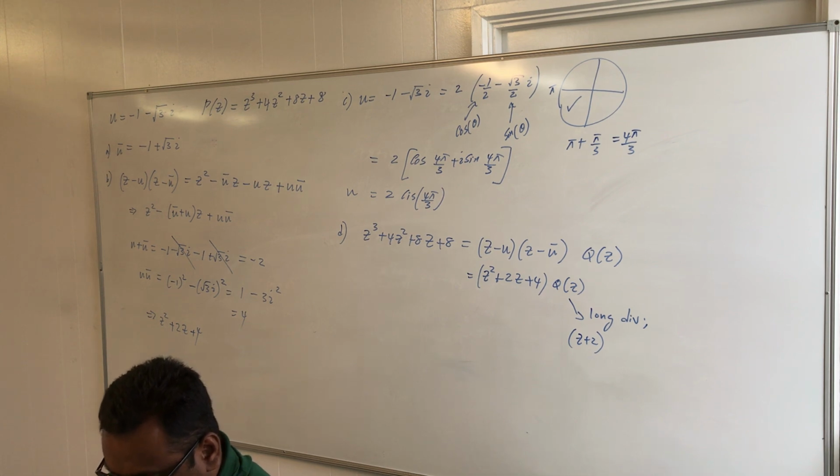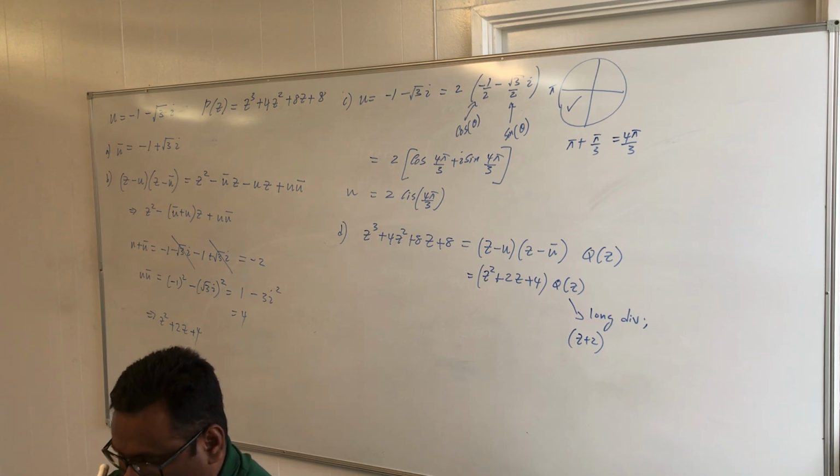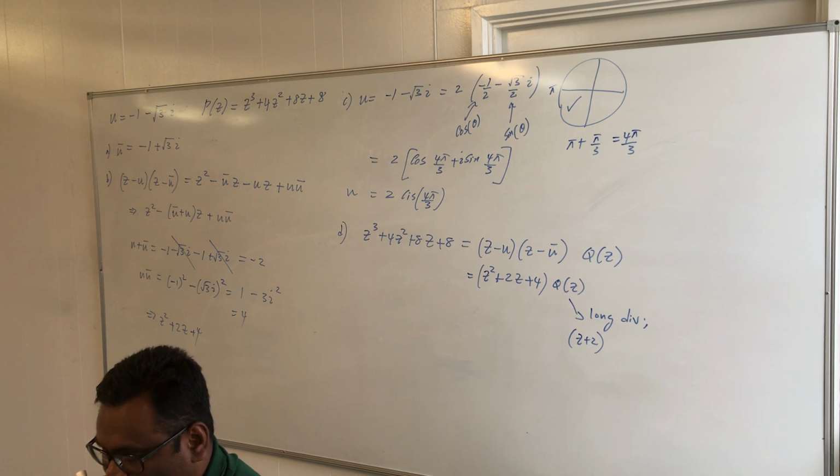So what's B? Is B the third part? So z equals negative c.